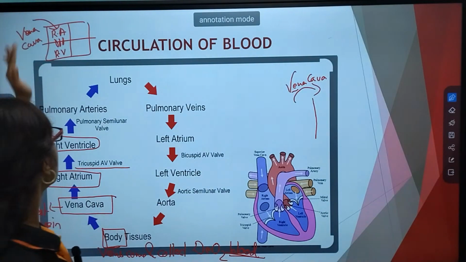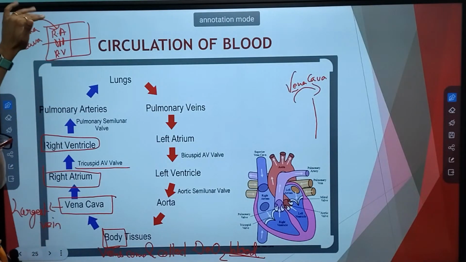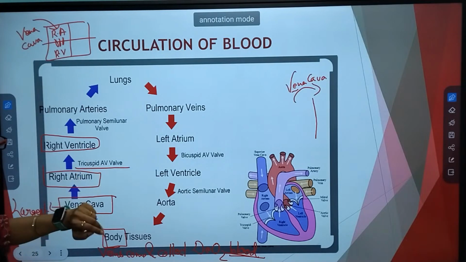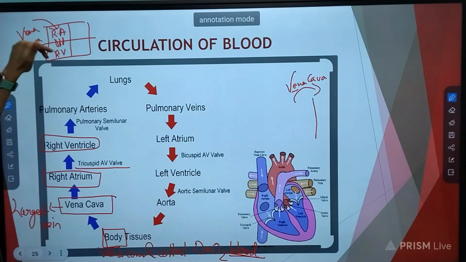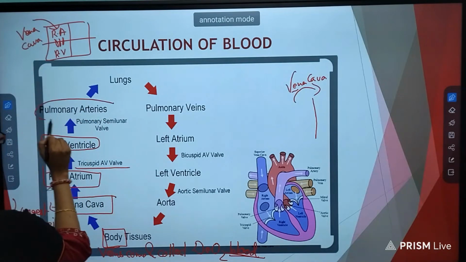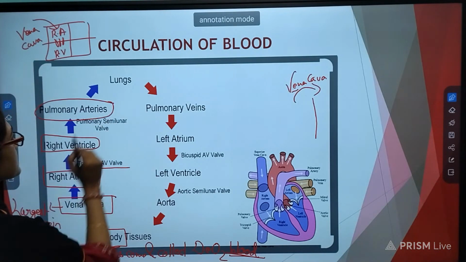From the vena cava to the right atrium. Then through the three roads known as the tricuspid valve, they go to the right ventricle. From the right ventricle, what happens? The pulmonary artery comes.